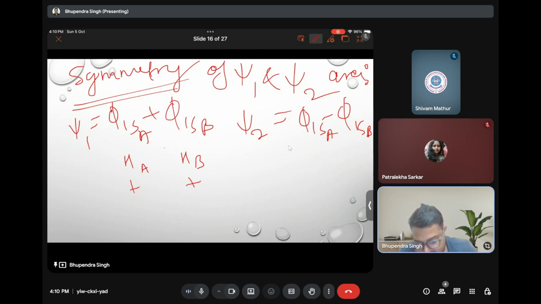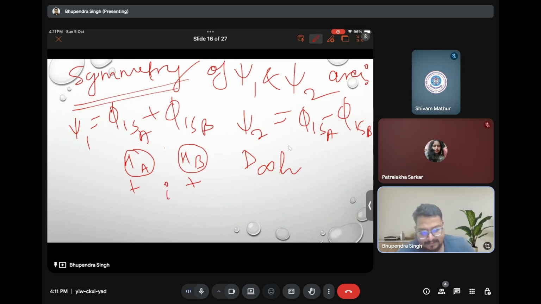If this is your molecule, what will be your point group? It will be D infinity h, because it is a linear molecule. You have a center of inversion in between.